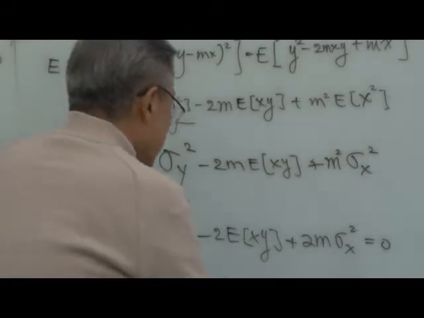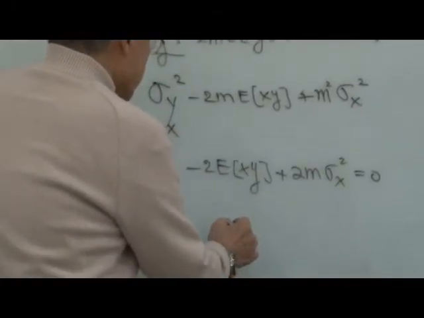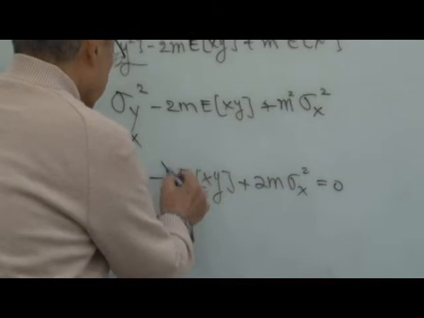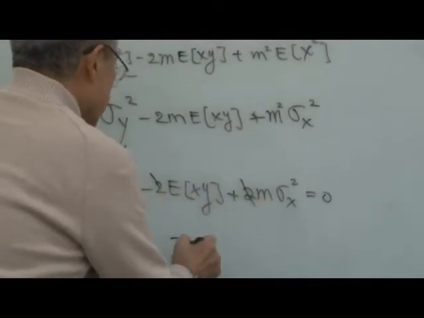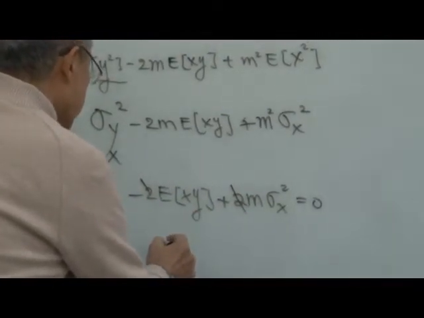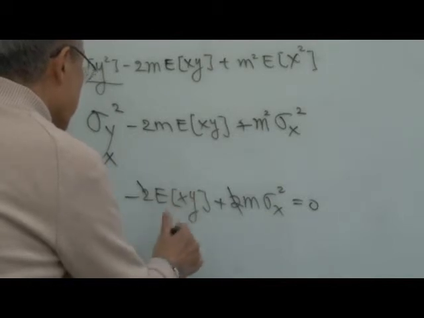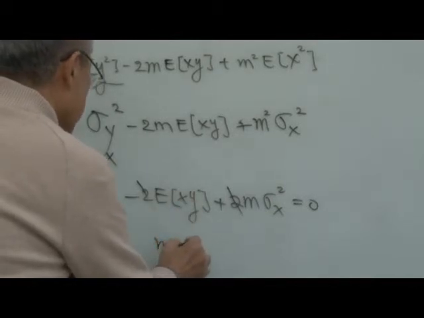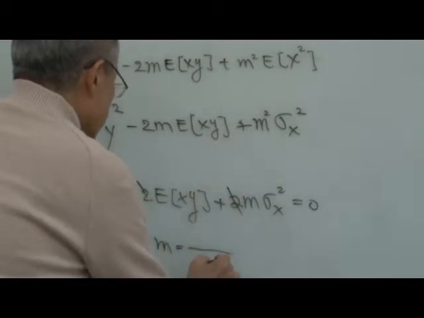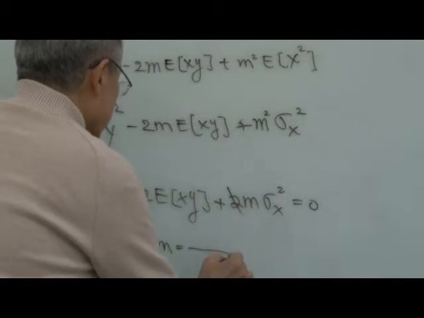So then m is equal to 2 cancels out. So m is equal to sigma x squared.